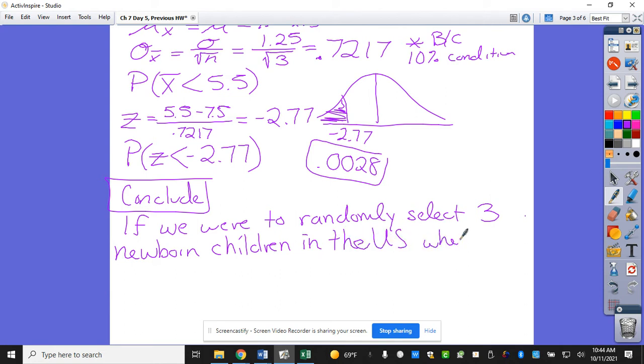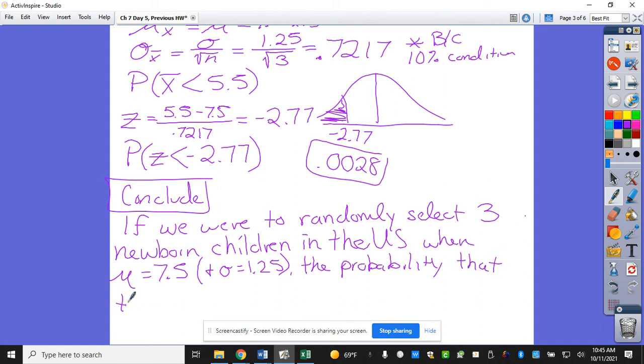When, and that's all I need you to write, and that's all my answer key is going to say, but technically it's also that sigma is 1.25. Then the probability, and this is where I would usually just take it word for word from the problem. This one wrote it out really well.